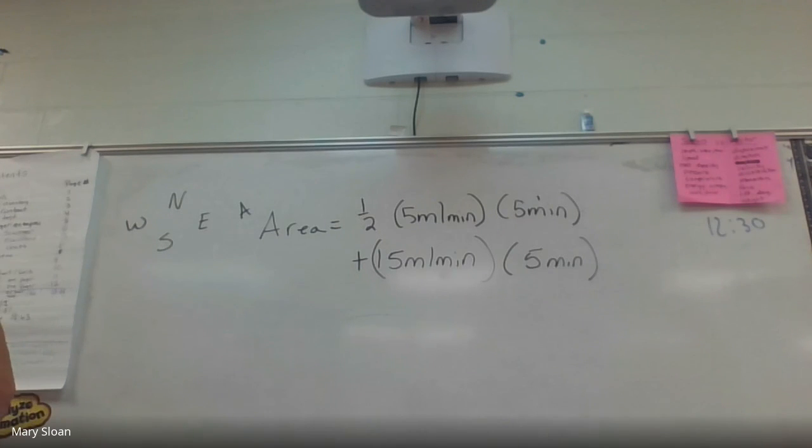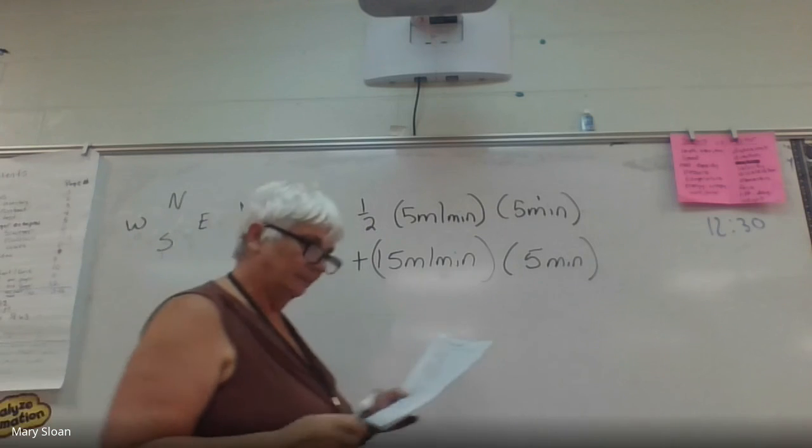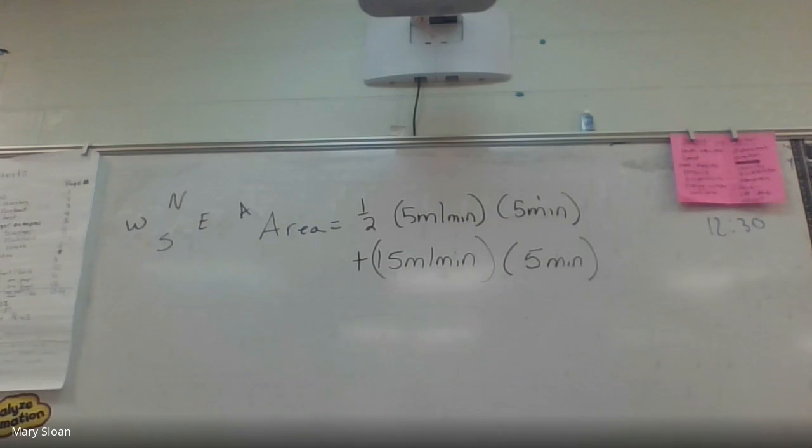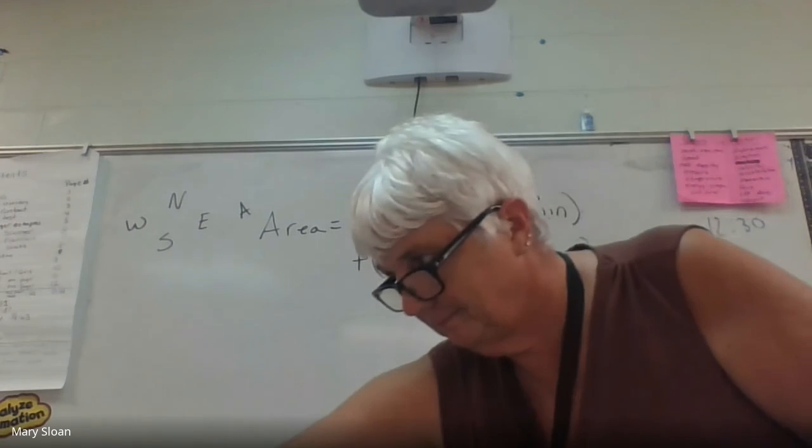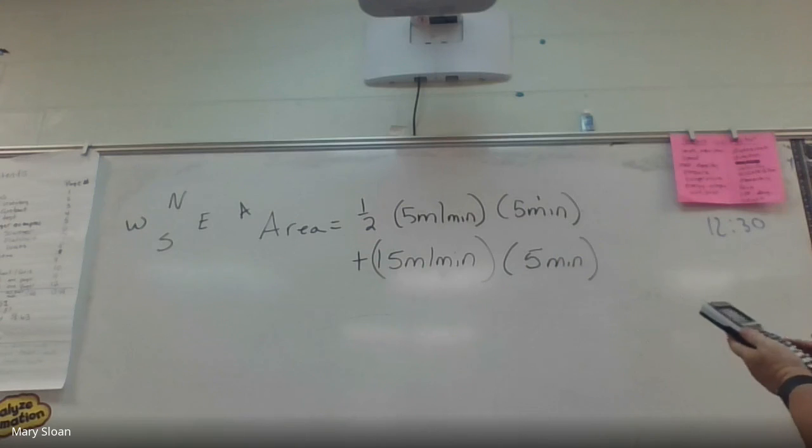So the top one is supposed to be 15? It's all together. His number was right. 87. 5 times 5, 15 times 5.